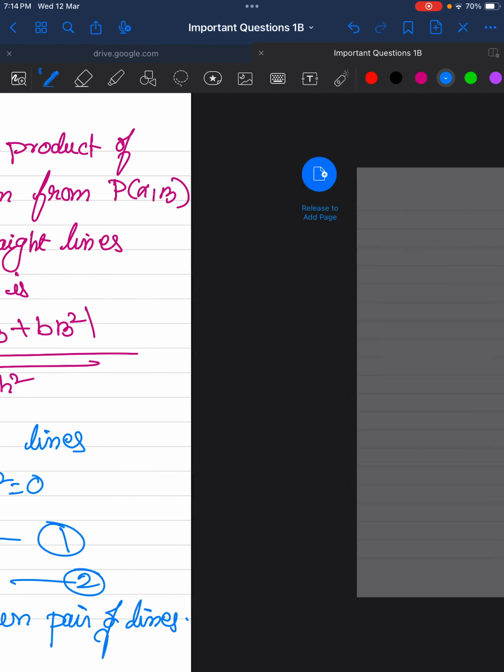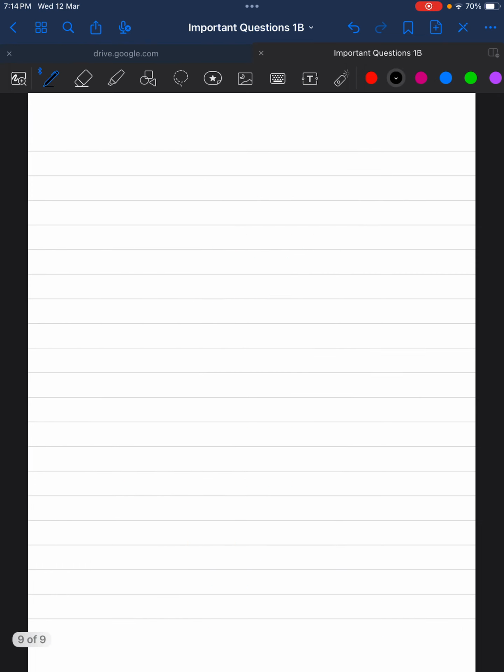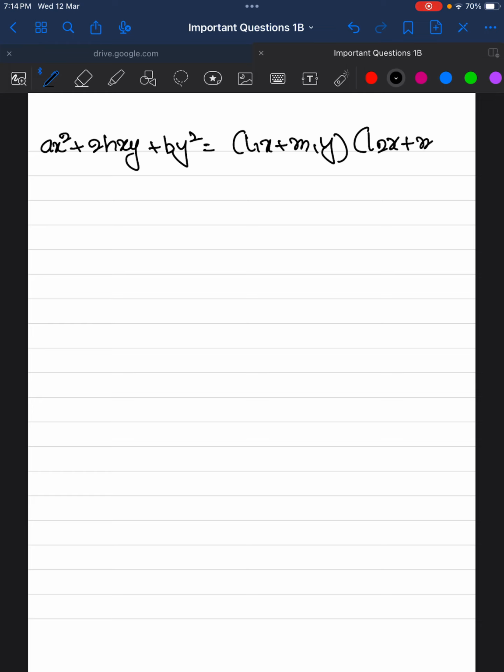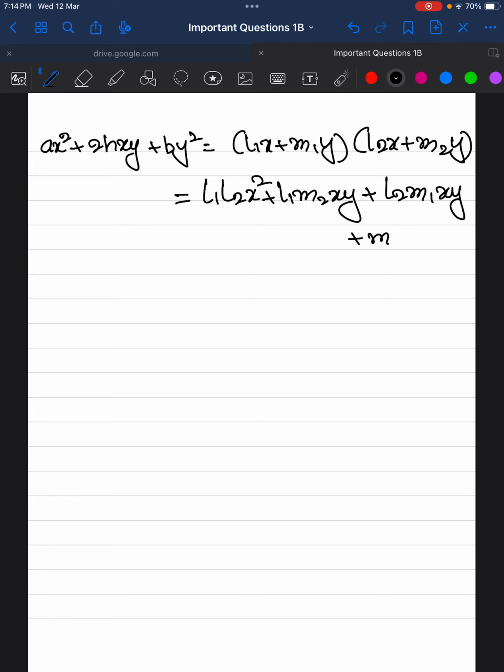Now, after this we need to write ax square plus 2hxy plus by square as L1x plus M1y into L2x plus M2y. The product of two lines is nothing but the pair of lines. By normal multiplication, L1 L2 x square plus L1 M2 xy plus L2 M1 xy plus M1 M2 y square.